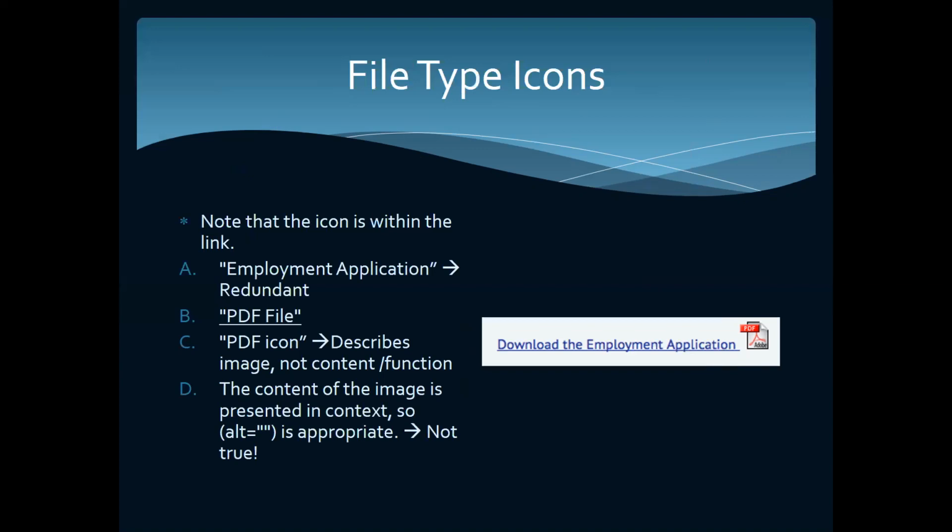Option D, null or empty alt text, would not provide the important information that the image presents, which again is that if someone clicks on this link, they'll be navigating to and opening up a PDF file.